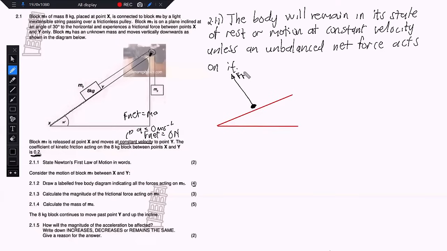Then this is my normal force, and straight in line will always be my FG perpendicular, and then always sliding down the incline is my FG parallel. It's always sliding down the incline. Let me draw it properly there.